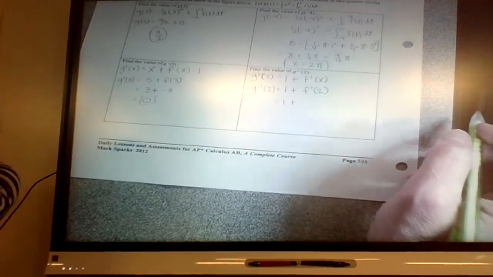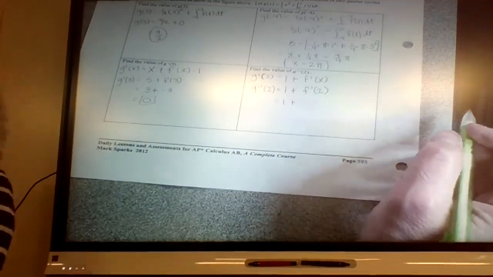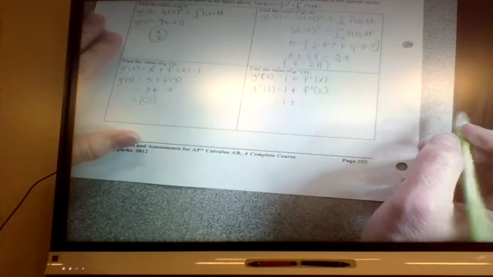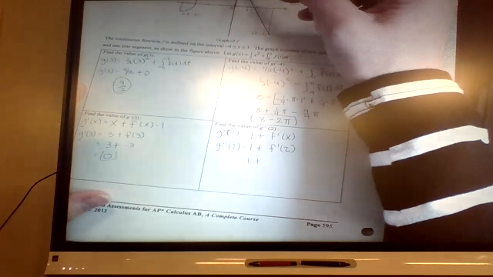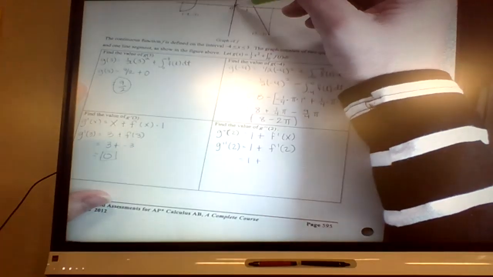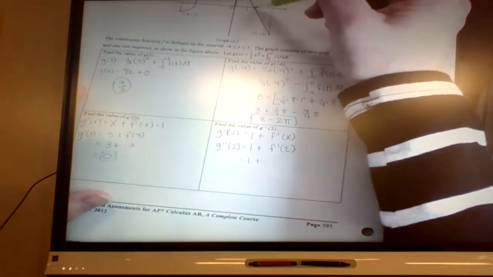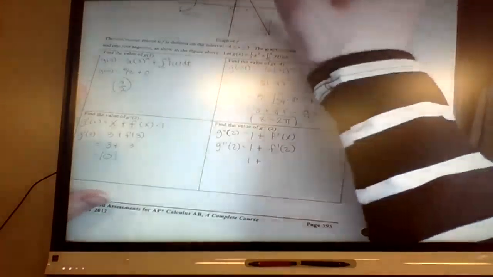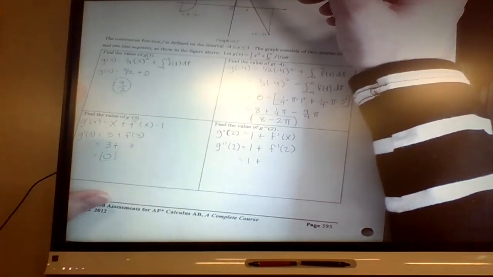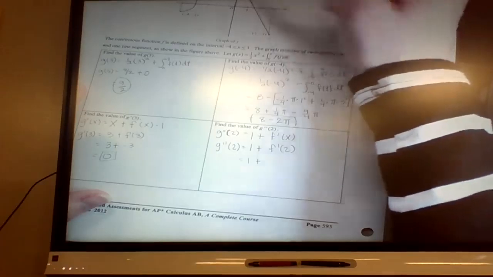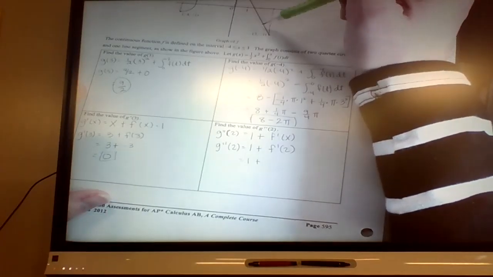So what's the slope at 2? Is it negative 3/2? No, because that's not a point. I would go do an easy one. It's a line, it's a linear function, so the slope's the same everywhere.